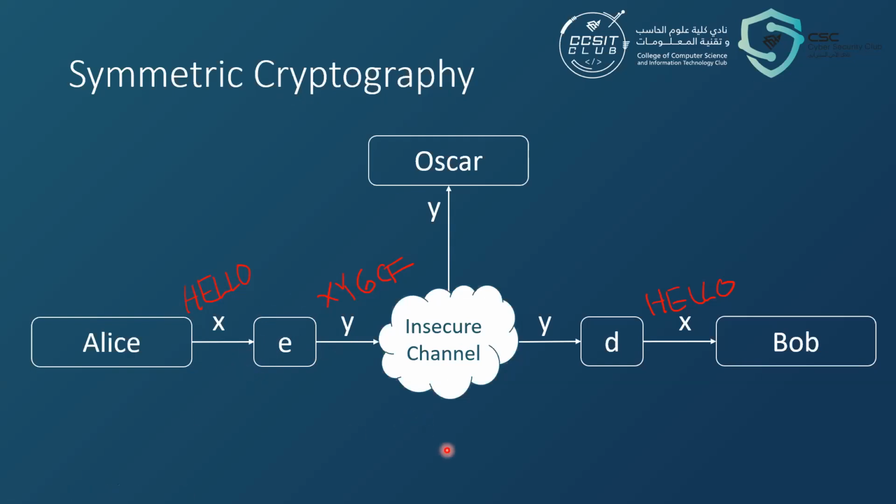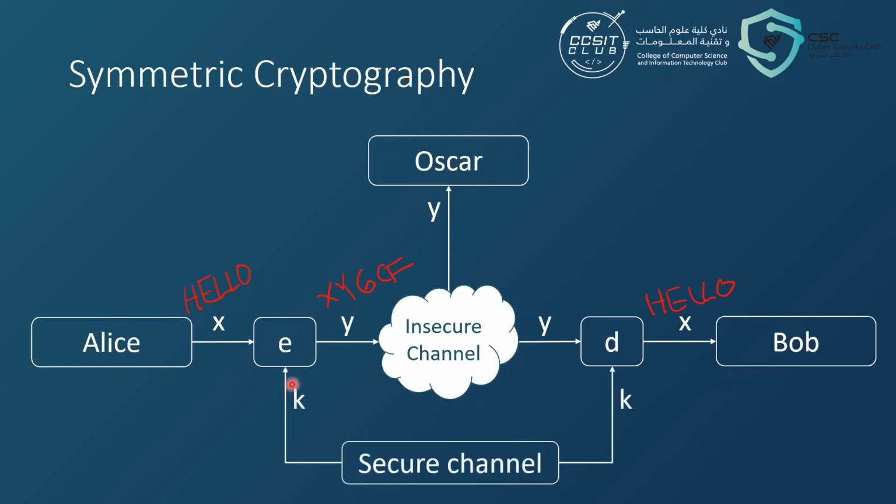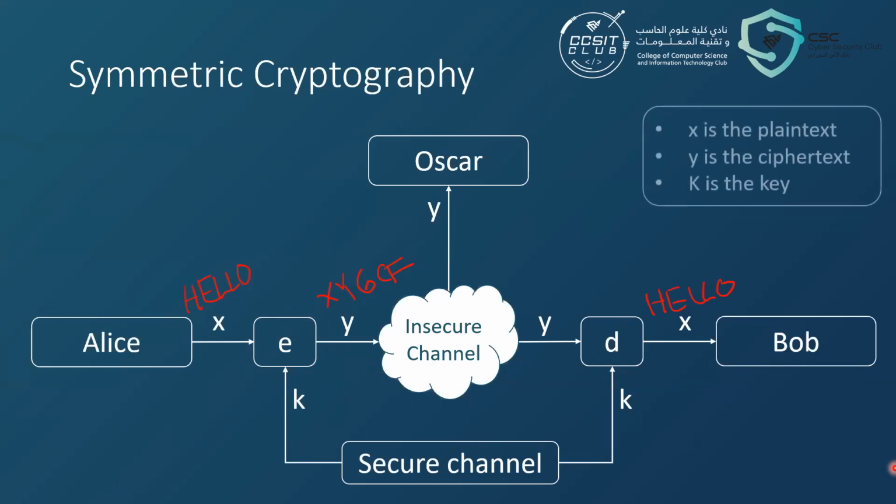But then in addition to the setup we have here, we have something that should be kept private, and that is our secret key. The key should be the only thing to be kept private in a crypto system, whereas the encryption and decryption algorithms should be kept public.